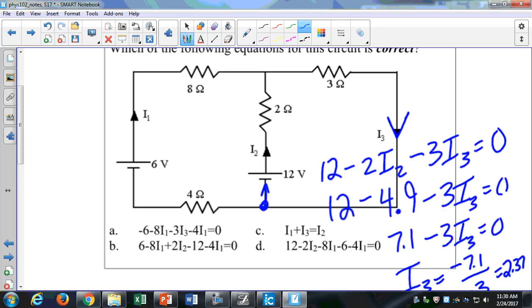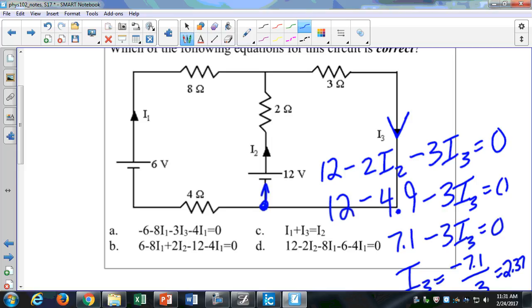Why would you use I3 for that? For the three. Oh, for the three. Students mess this up a lot, okay? So remember, she asked, why do we use I3 here? I3, the current here, runs from this junction all the way over to this junction. Your currents always change at the junction.